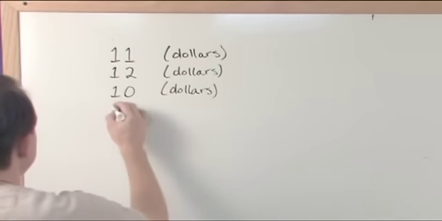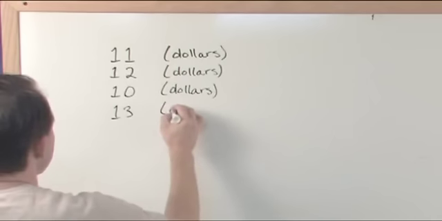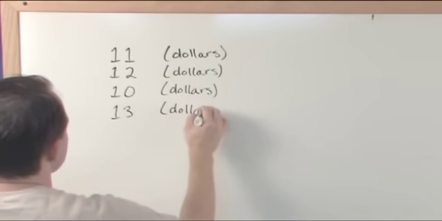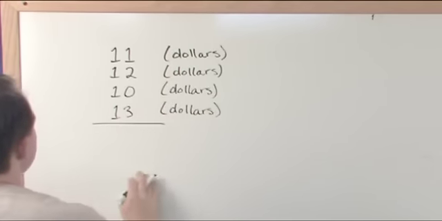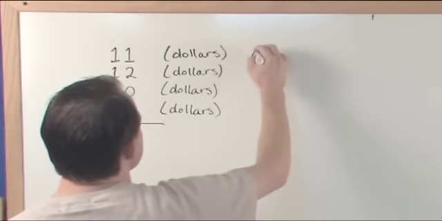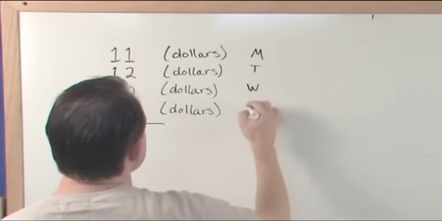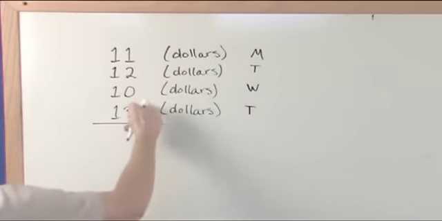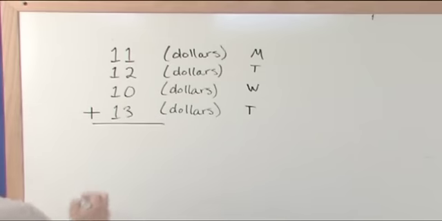Okay, and on Thursday, you earned $13. So this is Monday, Tuesday, Wednesday, and Thursday. These are the amounts of money I've made, and I must add them all together to find out how much money I earned altogether. So we'll start in the right-hand column just as we always do.